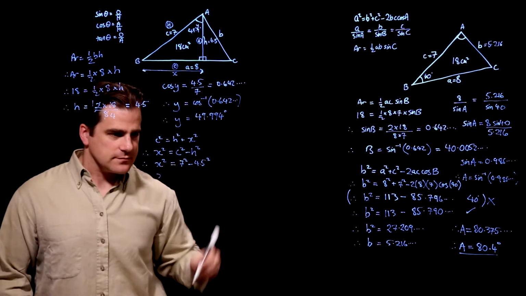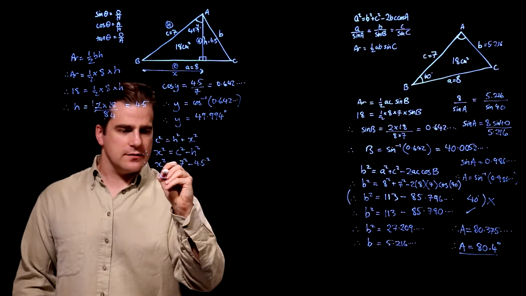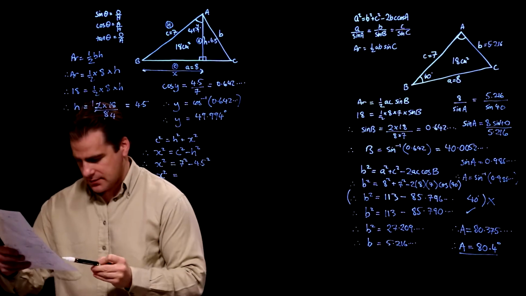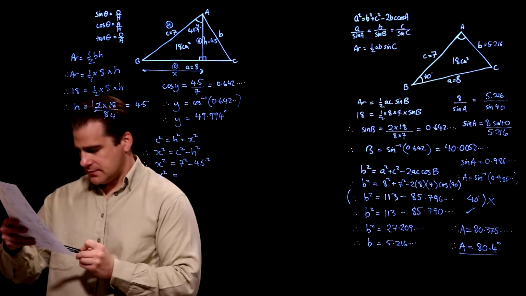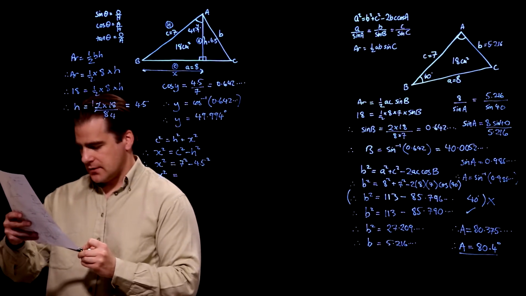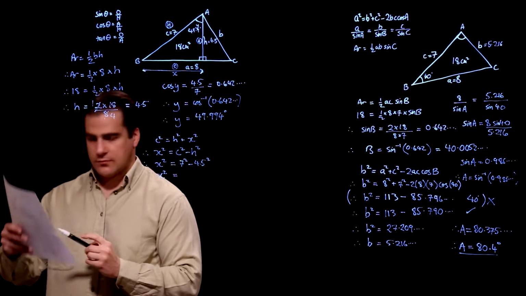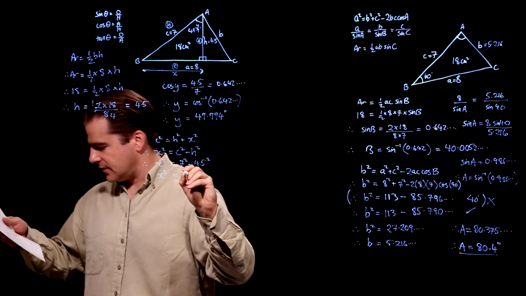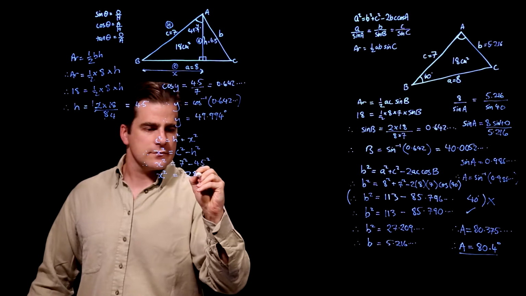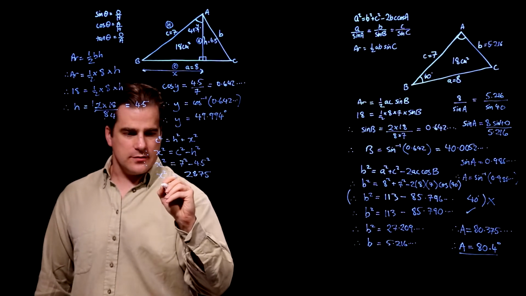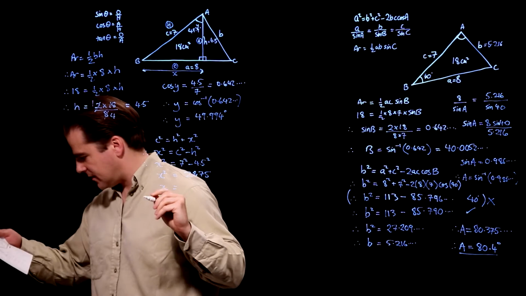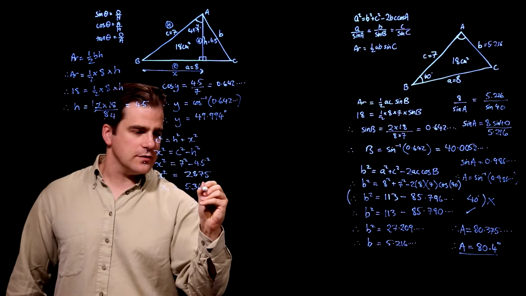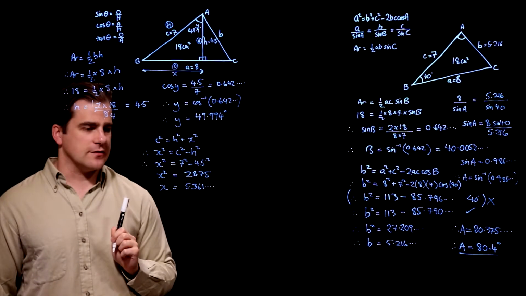And x squared turns out to be 28.75. Take square root. x is 5.361, something, something, something. Get it in your calculator's memory.